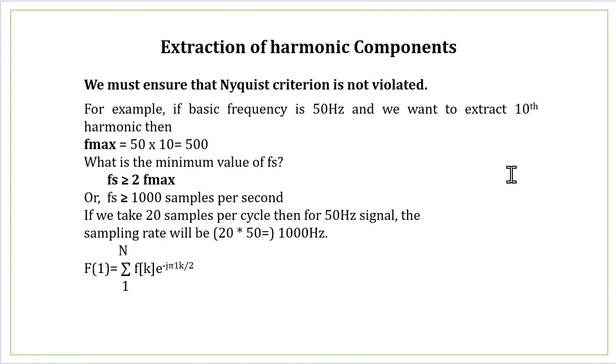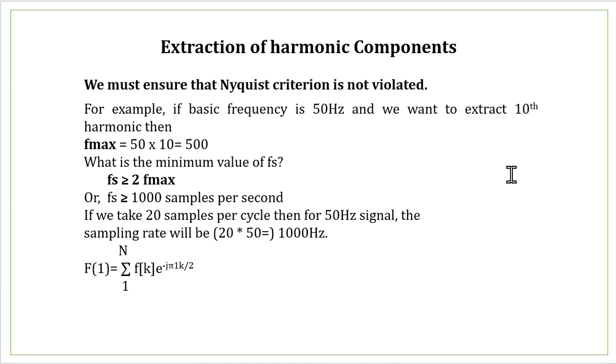But here you have to remember one thing: we must ensure that the Nyquist criterion is not violated. This is very crucial and very critical. For example, if the basic frequency is 50 Hertz and we want to extract the 10th harmonic, then Fmax is equal to 50 into 10, which is 500. You remember Fs and Fmax that we started with while calculating the RMS value. Fs is the sampling frequency and Fmax is the highest frequency component of interest.